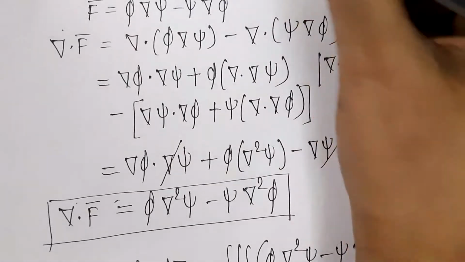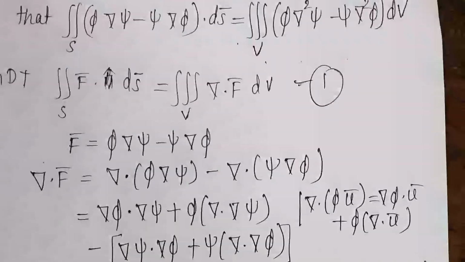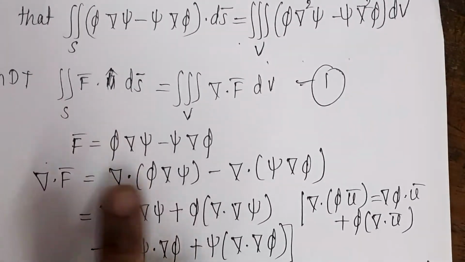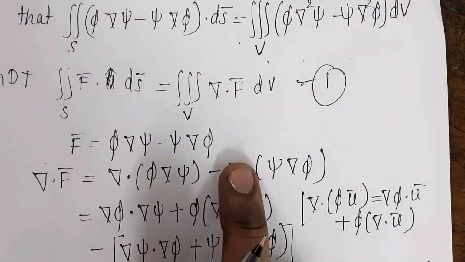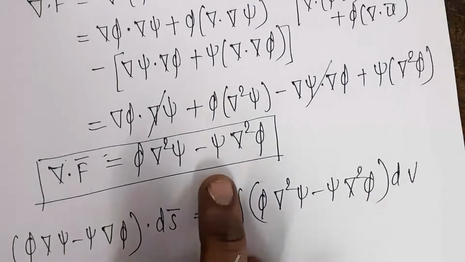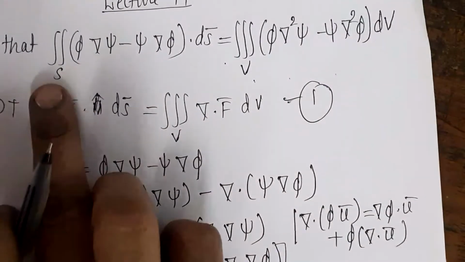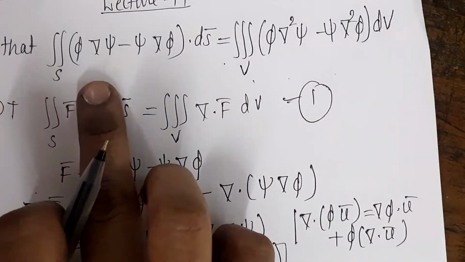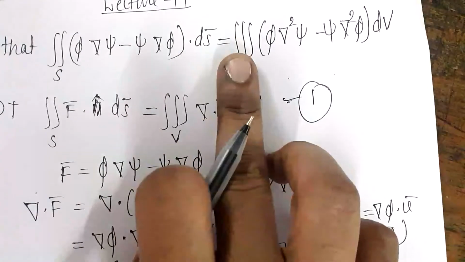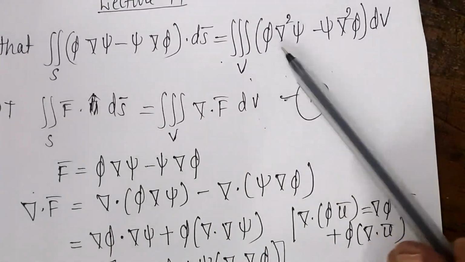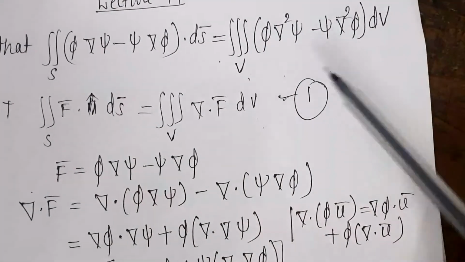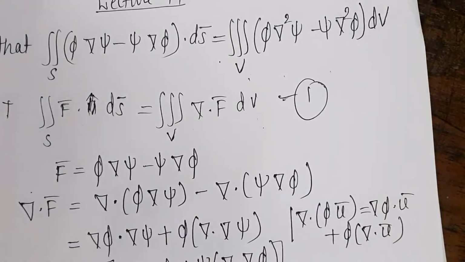So this is the result which we want. Here we substituted the F value, and del dot F we obtained as phi del square psi minus psi del square phi. So we got the original result: double integral over S of (phi del psi minus psi del phi) dot dS bar is equal to triple integral over V of (phi del square psi minus psi del square phi) dV.